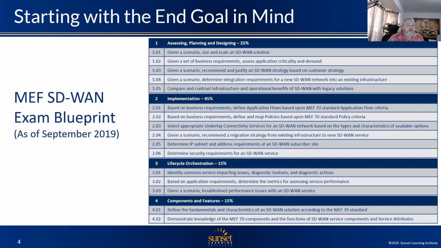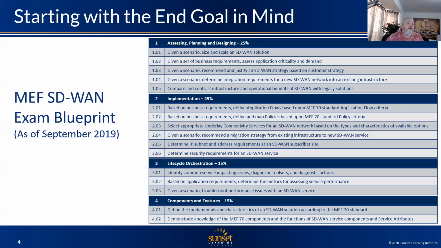And I'm going to go into each of these sub areas in a couple minutes. There's something called lifecycle orchestration that is worth about 15% of the exam questions. And then they're also going to ask you directly about the SD-WAN components and features that you might run across when you're looking at how to implement this kind of thing.